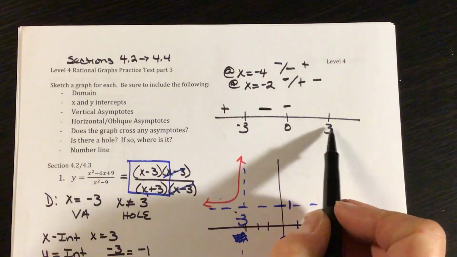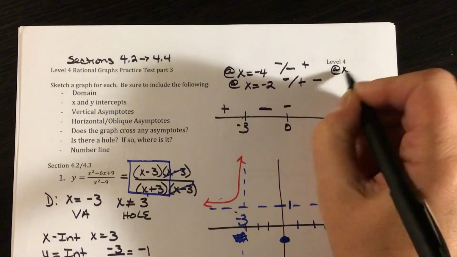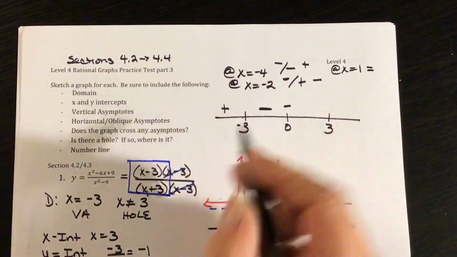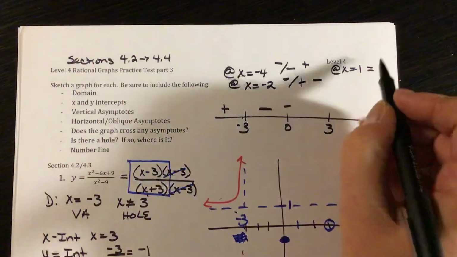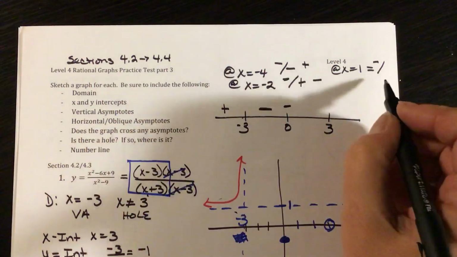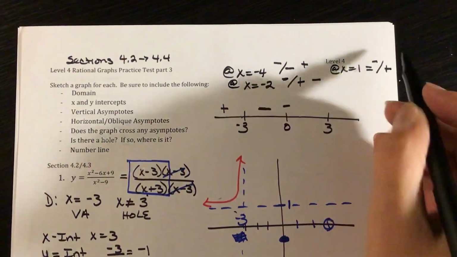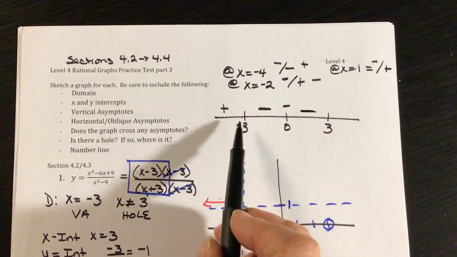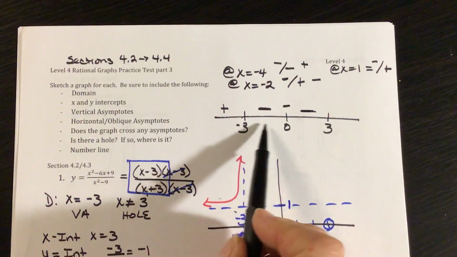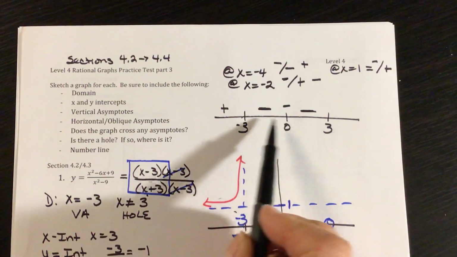And how about somewhere between 0 and 3, like x equals 1? 1 minus 3 is negative 2, over x plus 3 is positive, 1 plus 3 is 4. So this is still negative. So everywhere between negative 3 and positive 3, I've got a negative.